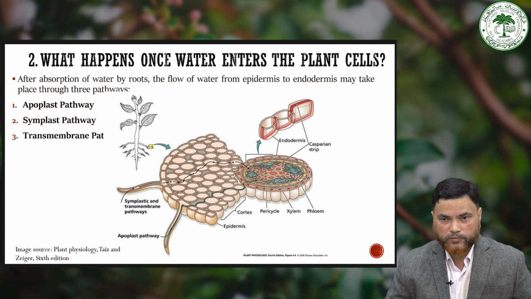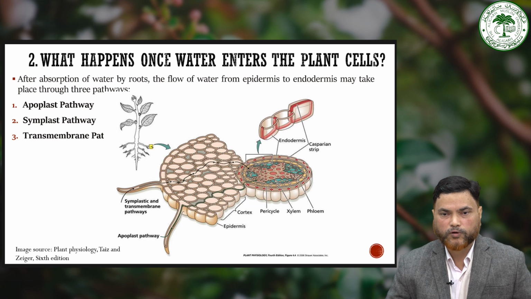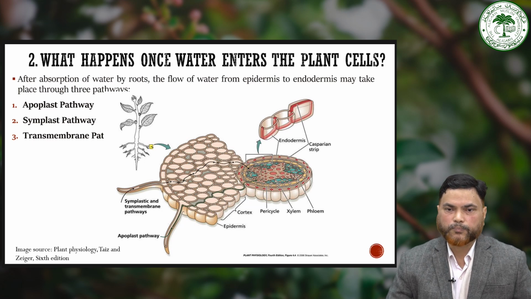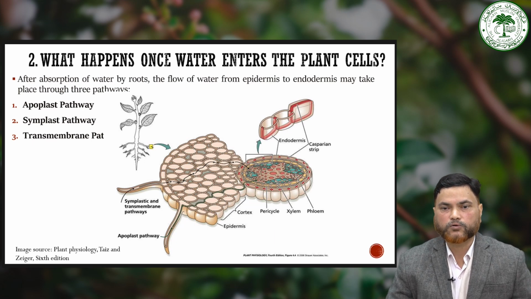In this pathway water crosses the plasma membrane of each cell twice, once upon entering and once upon exit. Additionally, transport across the tonoplast which surrounds the vacuole may also involve this transmembrane pathway.